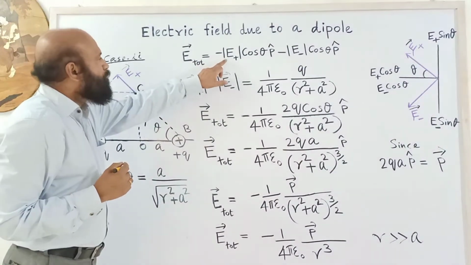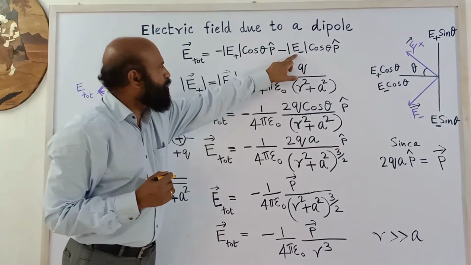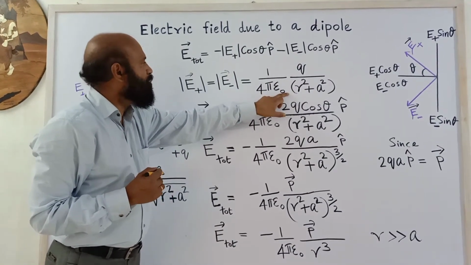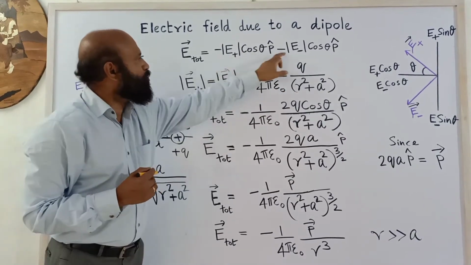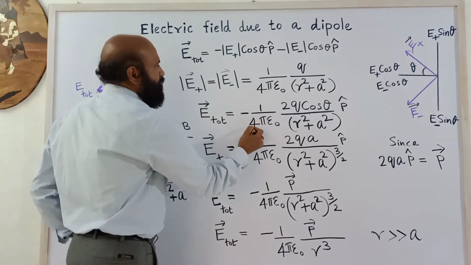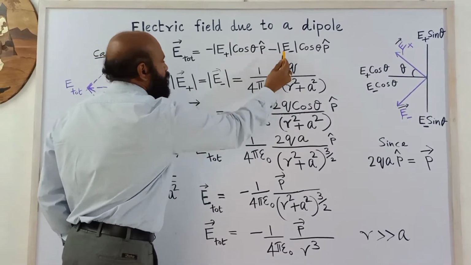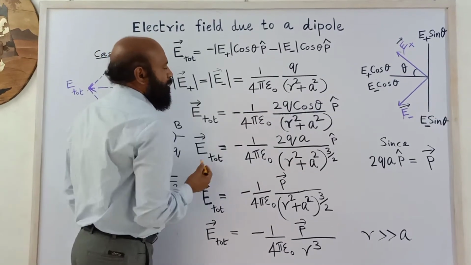Now instead of this, we can substitute this expression. Similarly, for this also we can substitute this expression because both are equal. Now after that you will get it like this, because it will be 2 times of this, because this and this are equal.